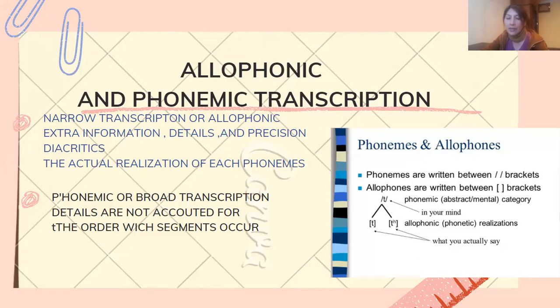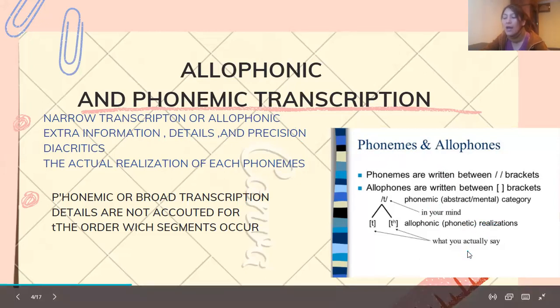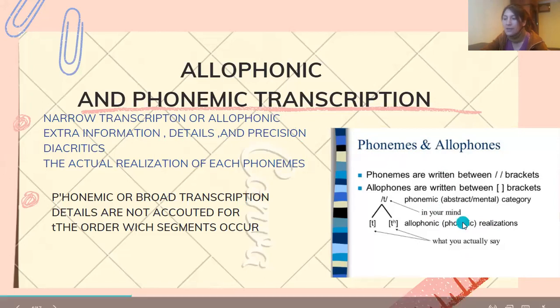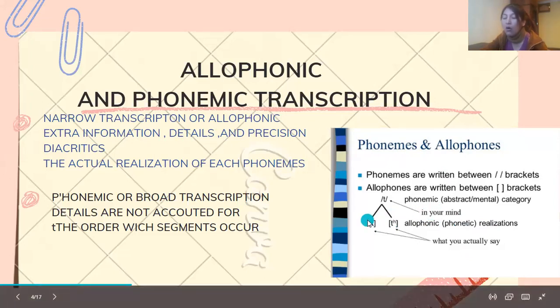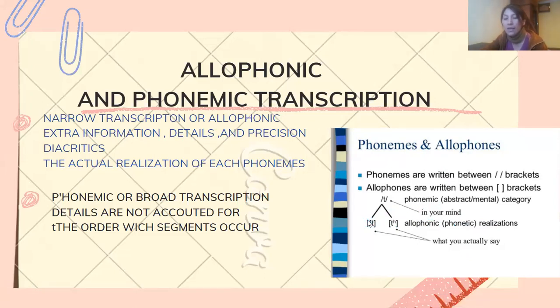We use the diacritics and the actual realization for each phoneme. We can see here the allophonic is the realization, what you actually say. For example, here we can see how we use the allophonic transcription. It is very interesting. And the phonemic or broad transcription, the difference is that the details are not accounted for.